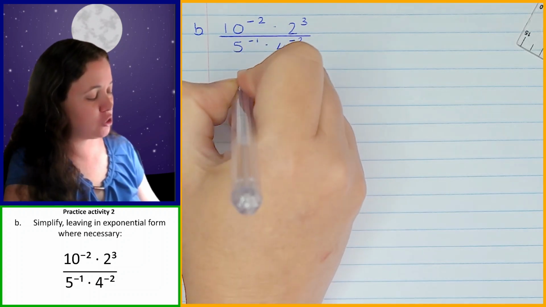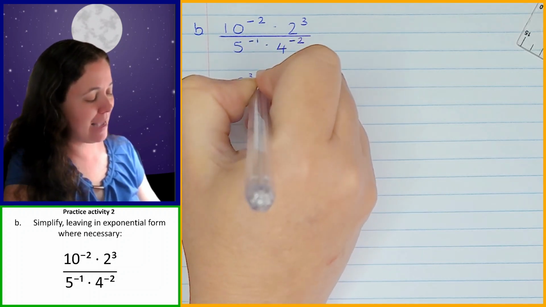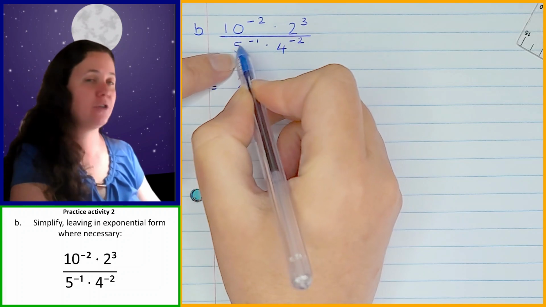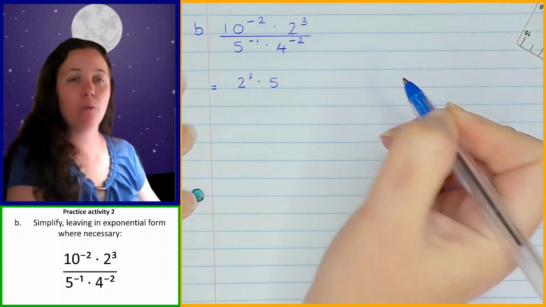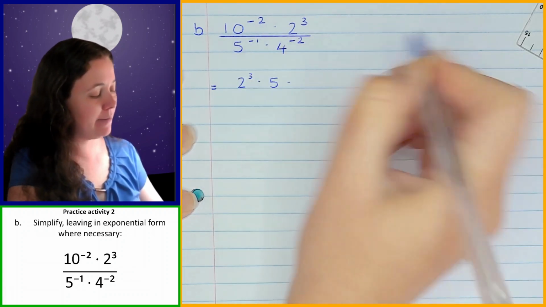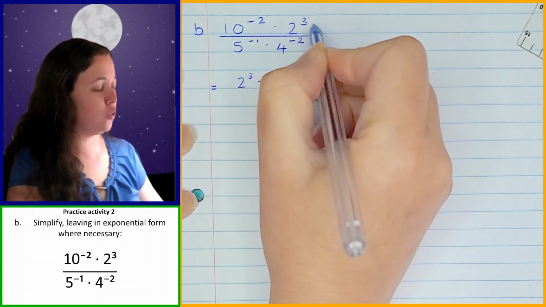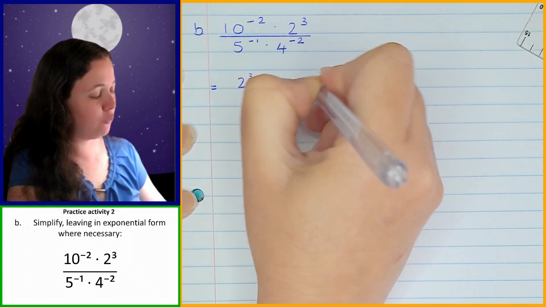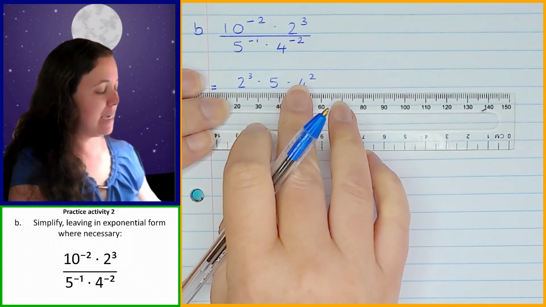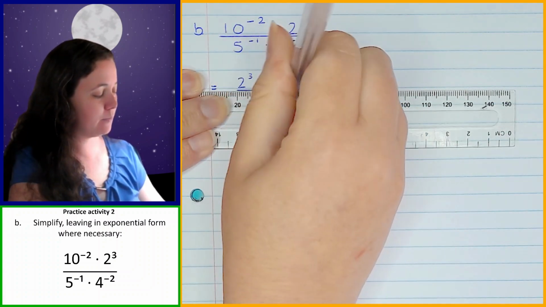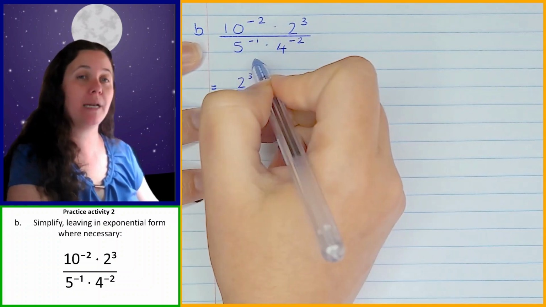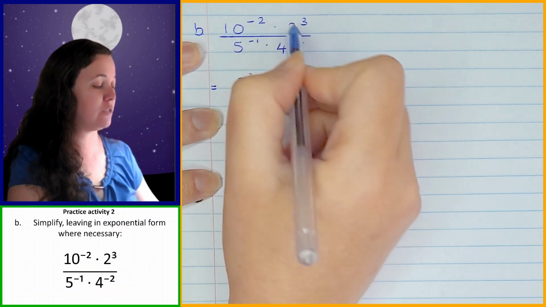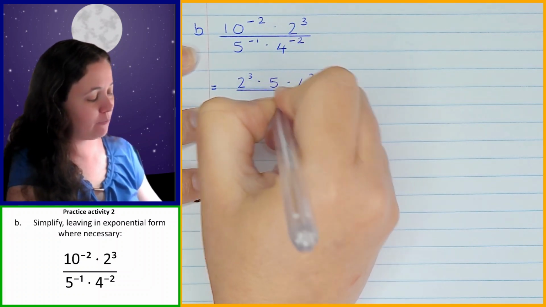So at the top of my fraction, the 2 cubed is still going to be there, and it's joined by 5 to the power of negative 1, which moves up, becoming 5 to the power of positive 1, which is just 5, times the 4 to the power of negative 2 is also going to move up and join it, becoming 4 to the power of positive 2. And that is all over. There's nothing that's staying behind, so it would have been 1, except that the 10 to the power of negative 2 has to move down and becomes 10 to the power of positive 2.